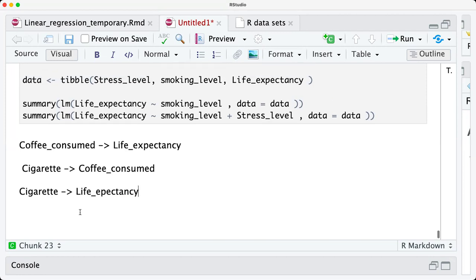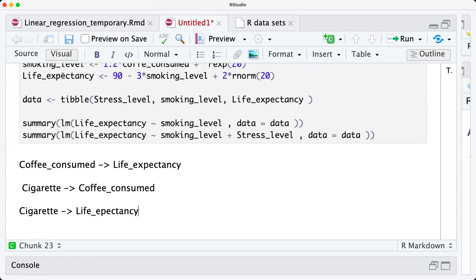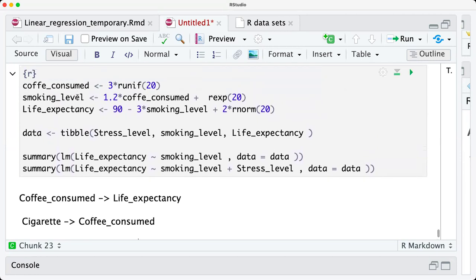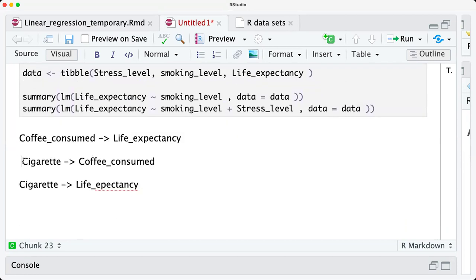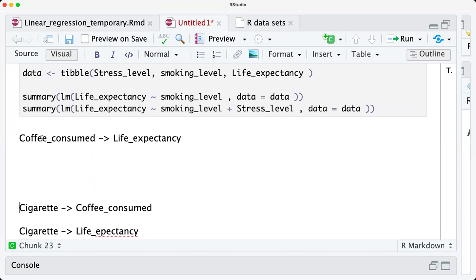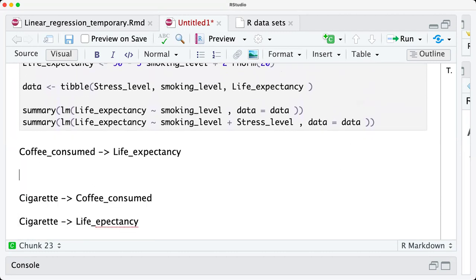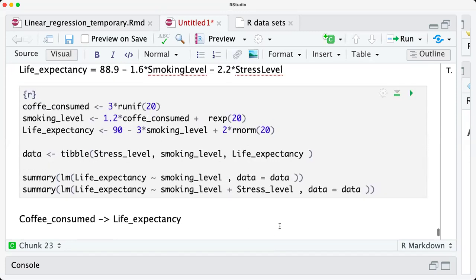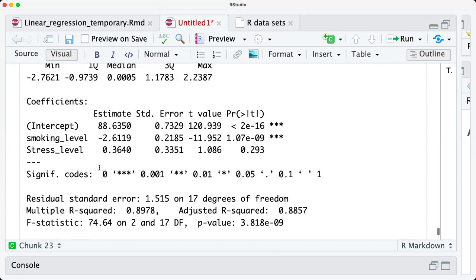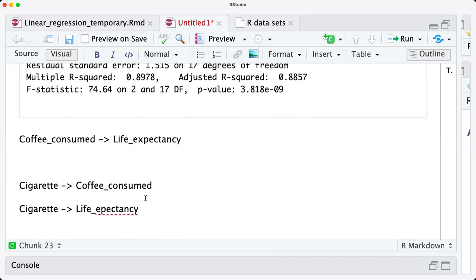Since I've generated the data, I know that this second one is true. So I decide to run an experiment to see whether the first one or the second one is true.